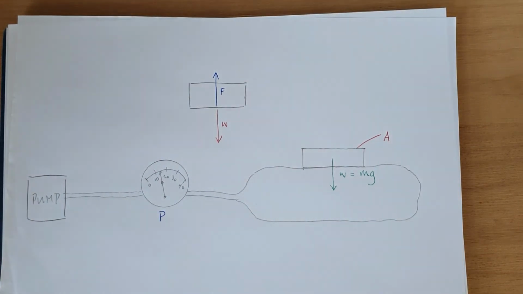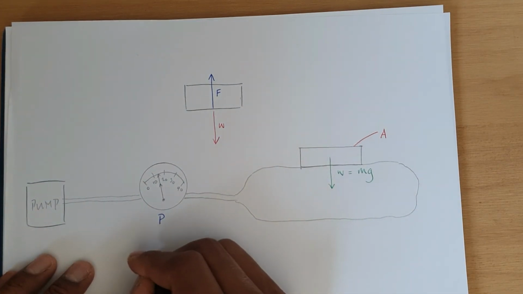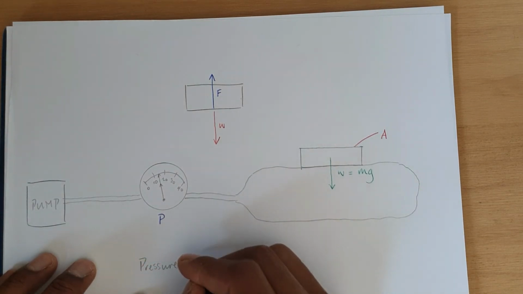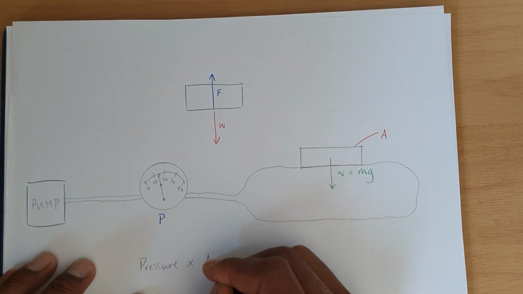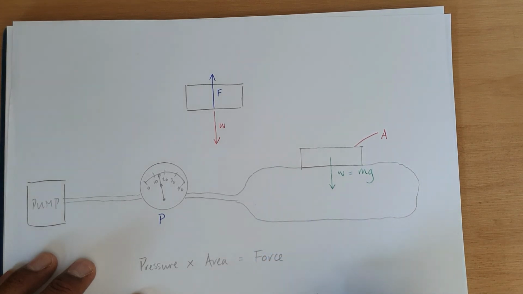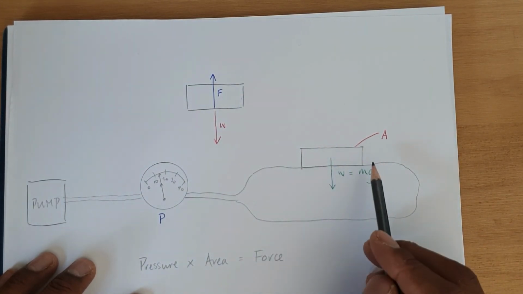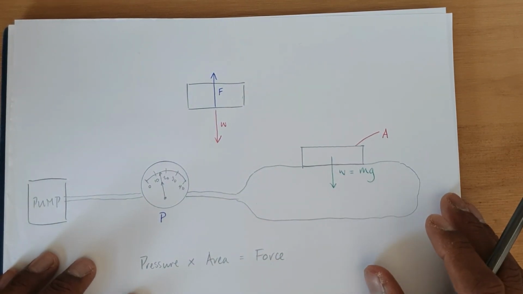So how would you do that? You'd say that the pressure inside this container multiplied by the surface area is equal to the force, and therefore that force would tell you the weight of this object just as it lifts up when you're inflating it.